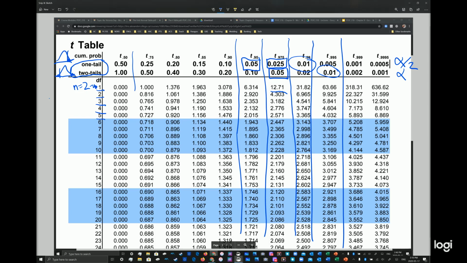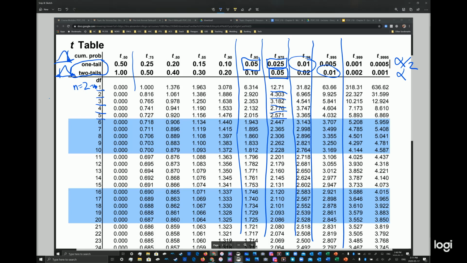As you increase the sample size, you'll notice in the same column that the standard error decreases, and therefore the critical value also decreases.